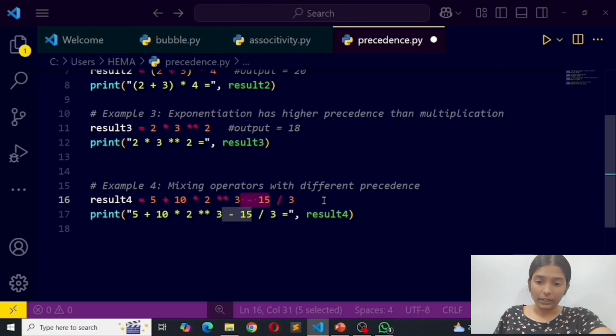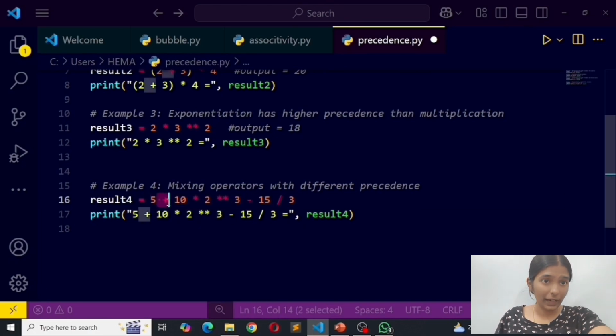First, 2 exponent 3 is 8, then 8 into 10 is 80, and then 5 divided by 3 is 5.